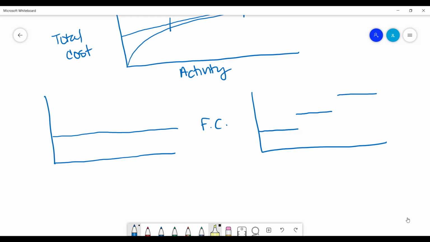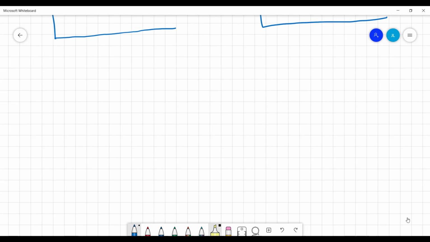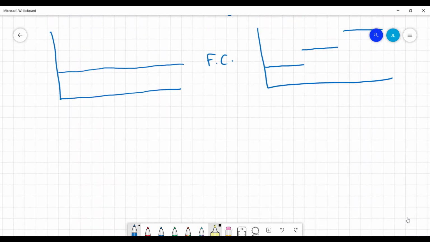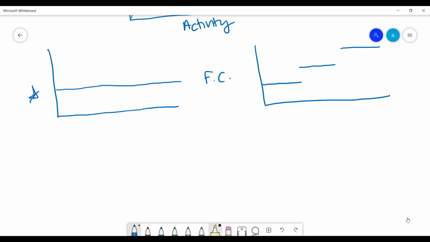As square feet requirements go up, that fixed cost of rent is going to increase, and the relevant range that is now applicable changes. That applies to both fixed and variable costs. At some point, if your activity goes beyond that relevant range, you're going to have to spend more, and these costs are going to change. But in essence, at the basic foundation of these cost behaviors, the rules we talked about apply. So if this is our fixed cost, just in general, this is what a fixed cost looks like graphically.